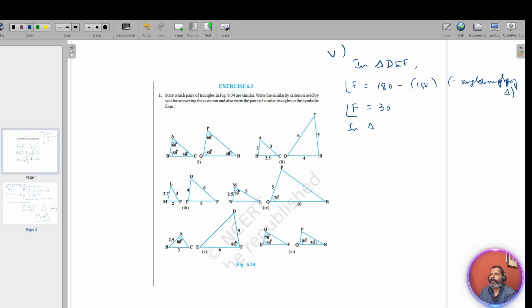Similarly, in triangle PQR, P is equal to 180 minus 110. Write the same reason. Therefore, P becomes how much? 70. Now you observe the values 70, 80 and 30, 80, 30 and 70. So they look similar now. We just draw that again.